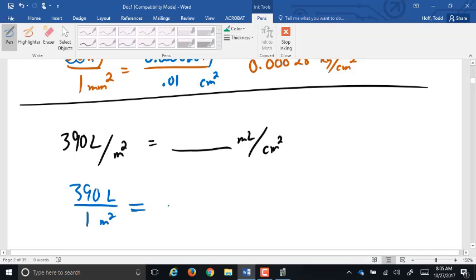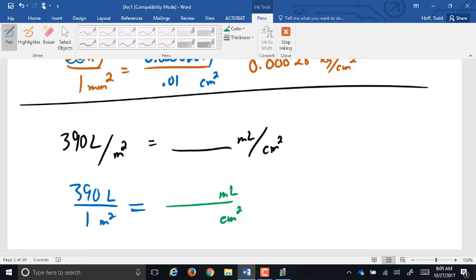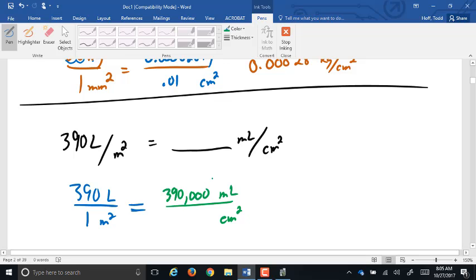We are converting into milliliters and square centimeters. Liters to milliliters is 3 spots to the right. That's 390,000, correct? Meters to centimeters is 2 spots to the right, but it's squared, so we have to go 4. So that's going to be 10,000. We divide that out. That is 39 milliliters per centimeter squared.